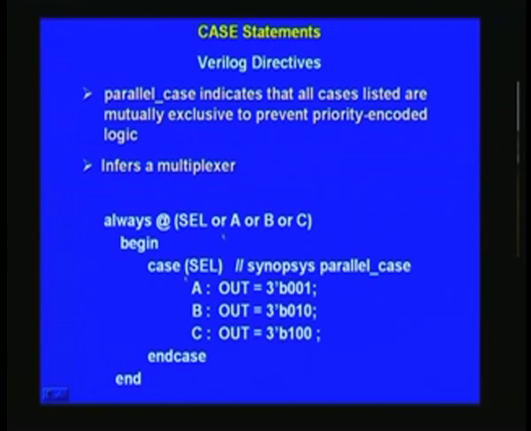That is the style adopted for Synopsys parallel case. So you have to tell once again that only these mutually exclusive cases are being considered here, and if you do not put this, once again it will infer a latch like the previous case.